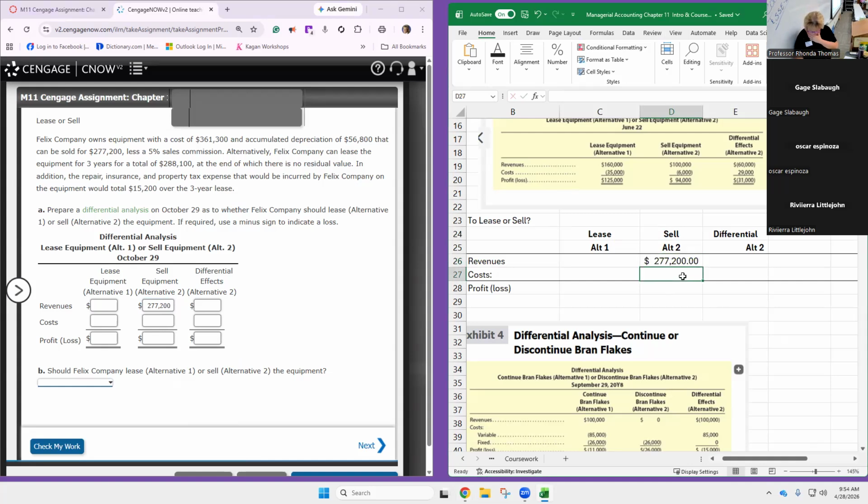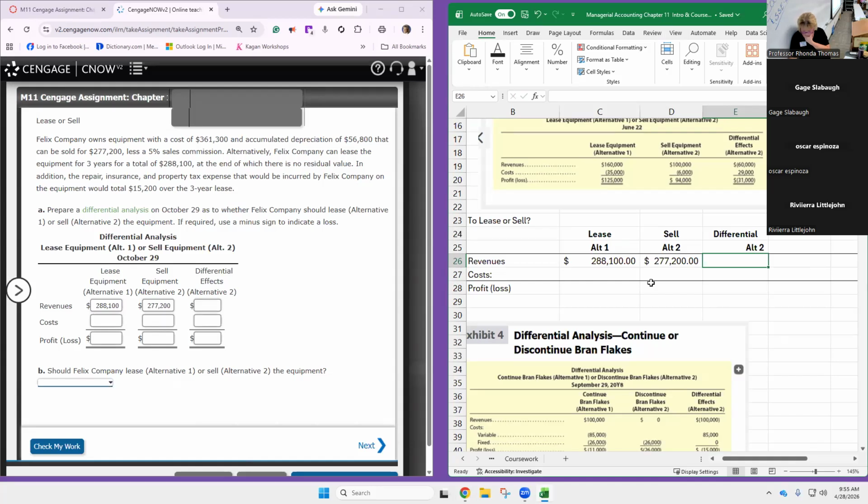And then here is the alternative for leasing. So it goes here. Leasing is 288,100. And it goes here, 288,100. Now we're going to subtract here.